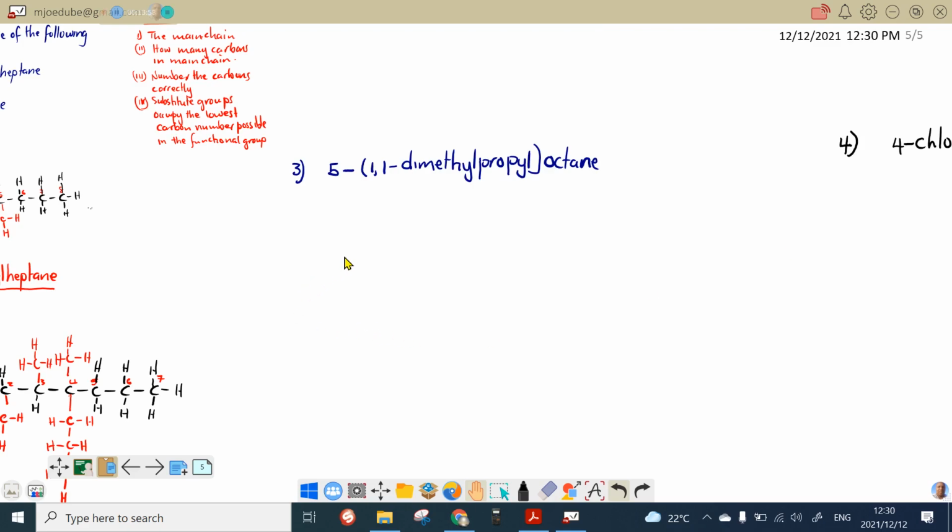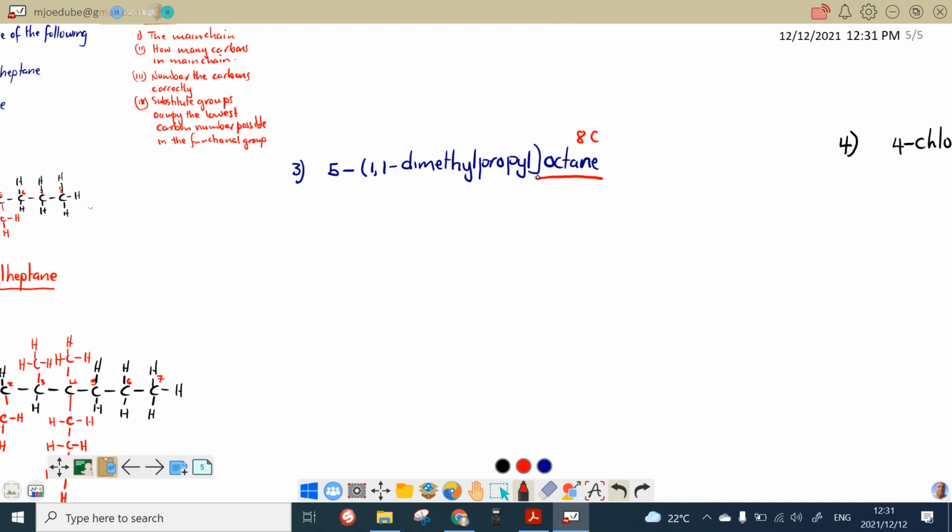So you've got your compound, which is given as 5-(1,1-dimethyl propyl) octane. So what you need to first of all do is to identify the parent chain, which is the long chain that is present. When you look at this, the name tells you it's octane, and that octane has how many carbons? 8 carbons.